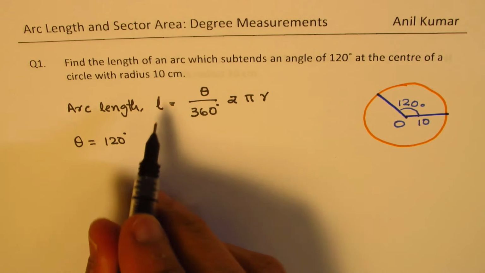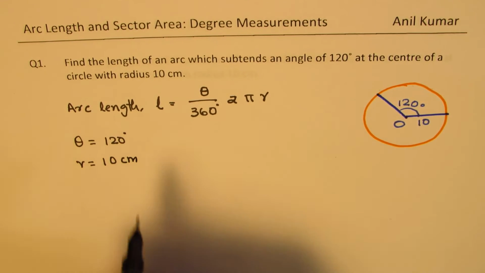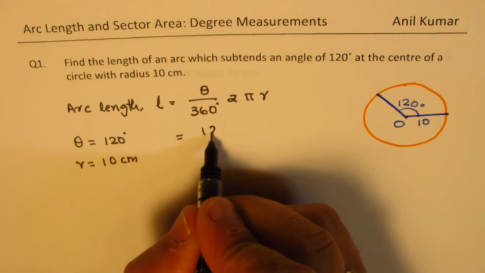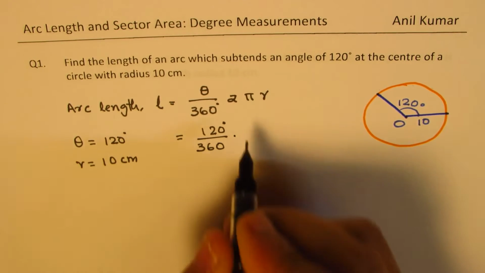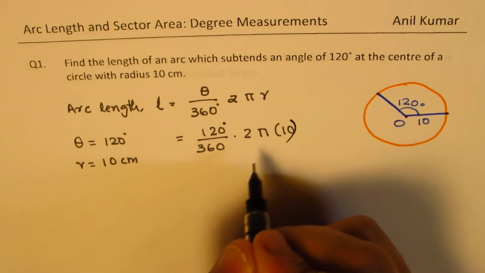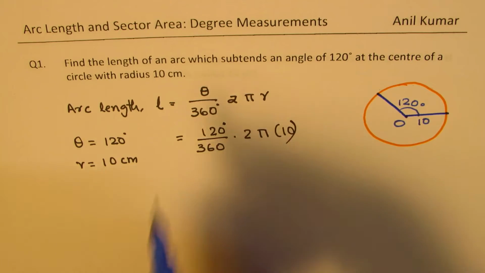We are also given that r is 10 centimeters. And therefore, we can now write down this value as 120 degrees over 360 degrees times 2 pi and the radius 10. Is that clear to you, right? Now we can easily simplify this to get our answer.